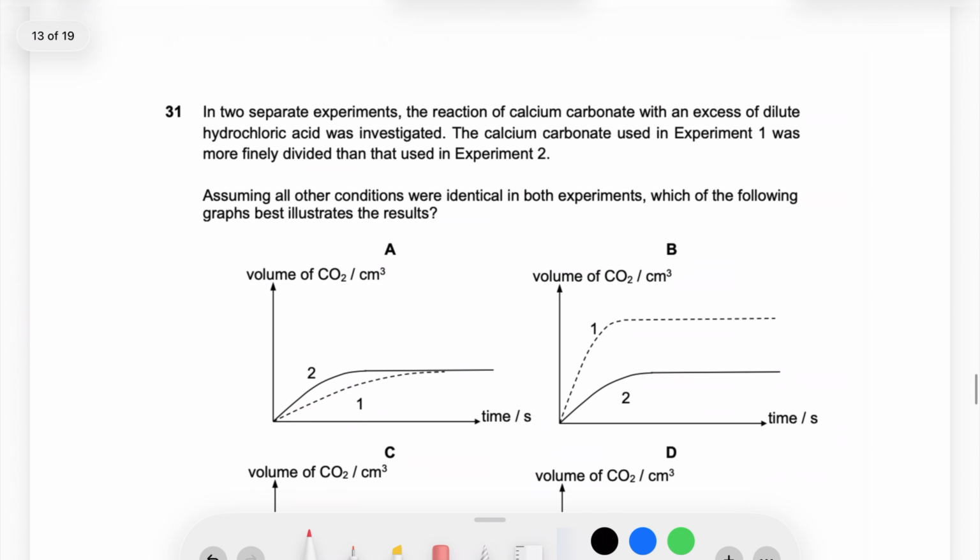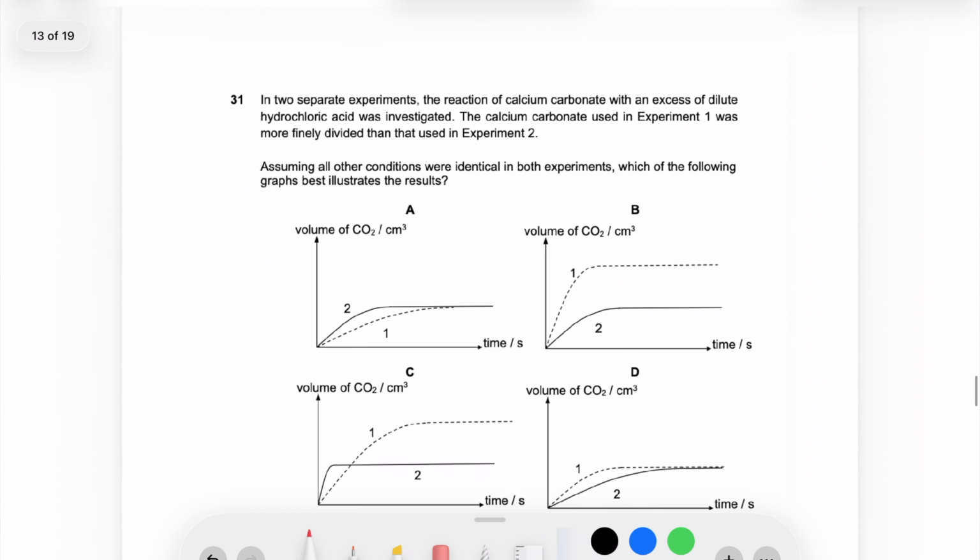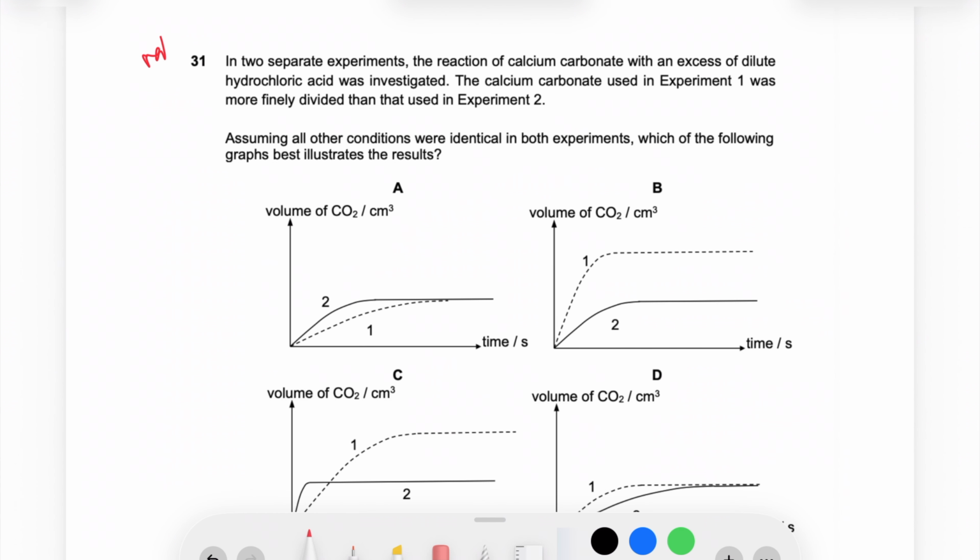Moving on, question 31, rate of reaction. So you have calcium carbonate. Important is what? Excess HCl. So it means your calcium carbonate is actually your limiting reactant. Calcium carbonate used in experiment 1 was more finely divided.